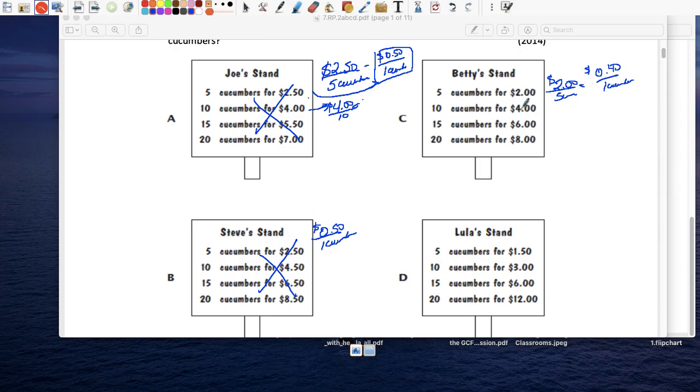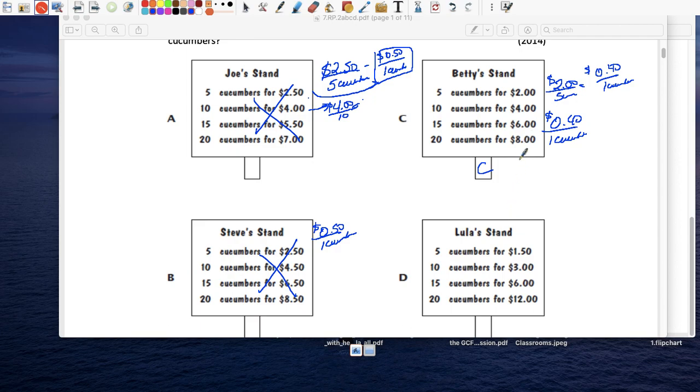Let's divide 6 by 15, which is 40 cents. And the last one, 8 divided by 20 cucumbers, is also 40 cents. So the unit rate for each of these is 40 cents for one cucumber. This is our answer. So the answer is C.